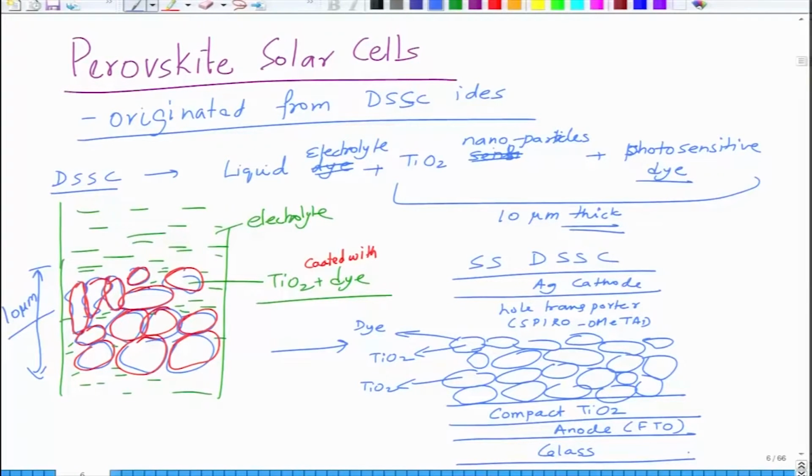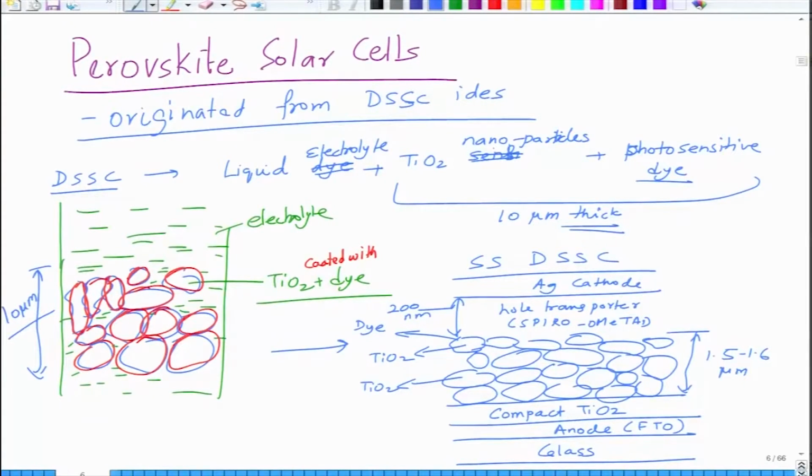So, this was the solid state dye device, where the hole transporting material was used instead of a liquid electrolyte, and this was about 200 nanometer and this was nearly 1.5 to 1.6 nanometer. So, the whole device thickness was much lower and it was solid state in nature.